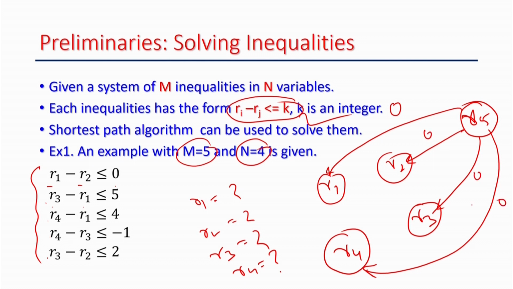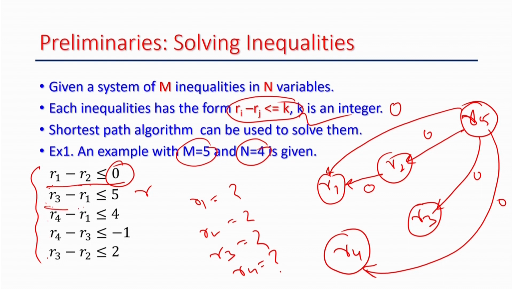And for each inequality like this, from Rj to Ri, say R2 to R1, I am going to add an edge from R2 to R1 with this weight.